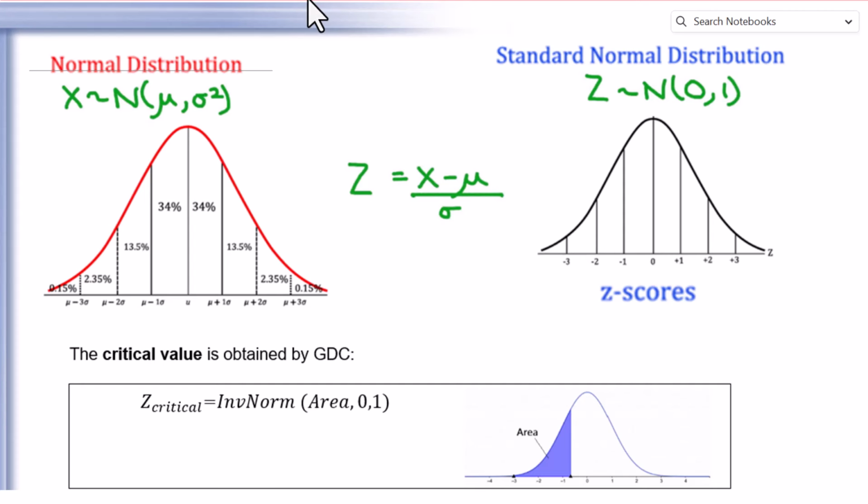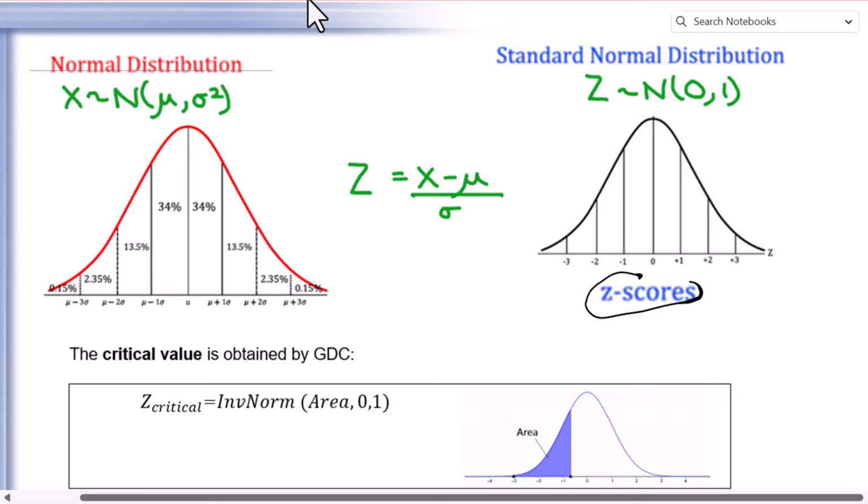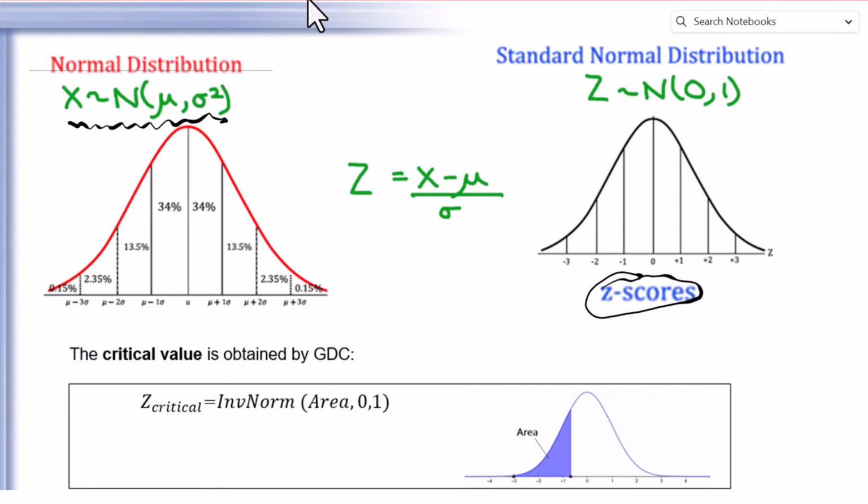This lesson is about z-test by using critical values. Let's talk about z-scores first. For normal distribution, X follows normal distribution with the mean mu and a standard deviation sigma.